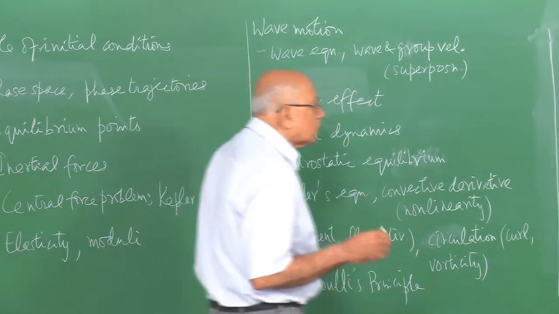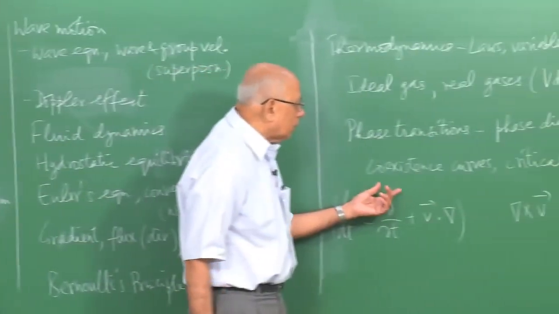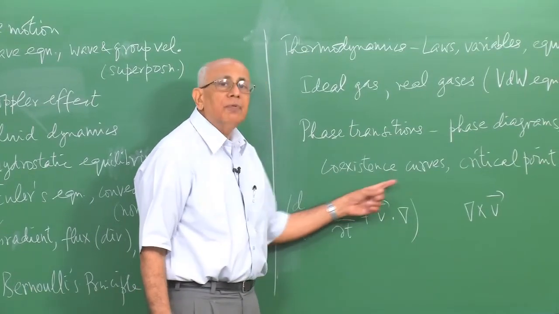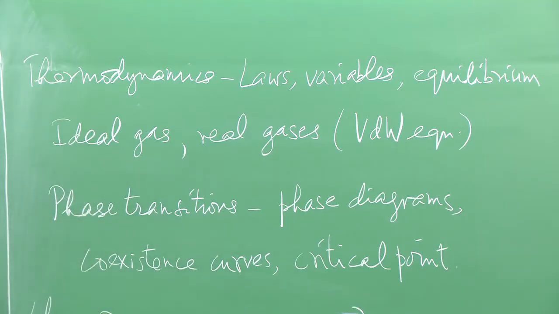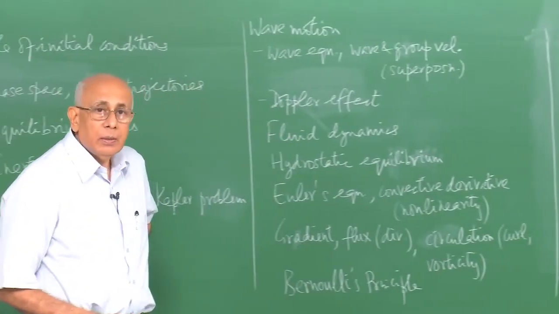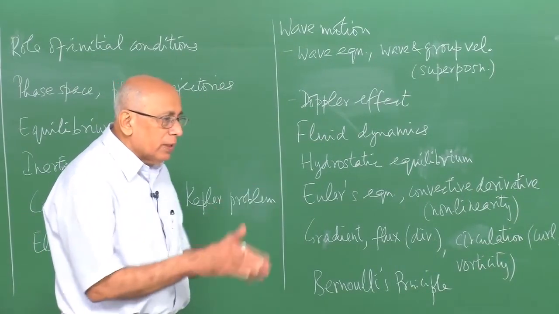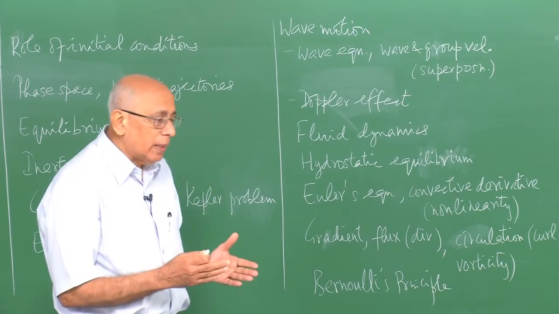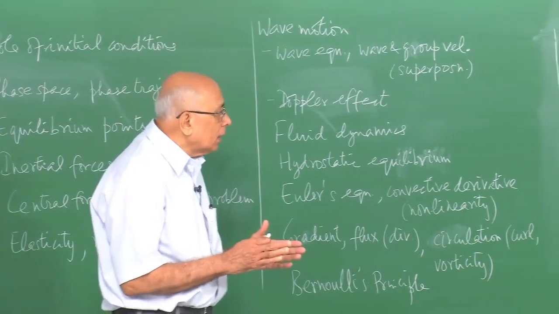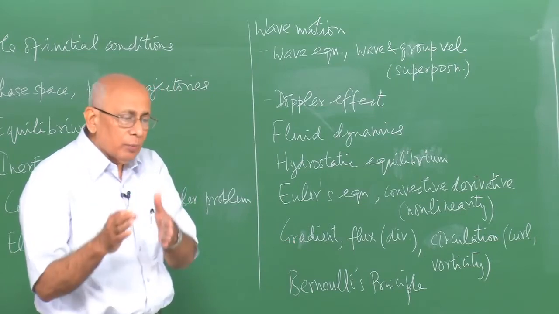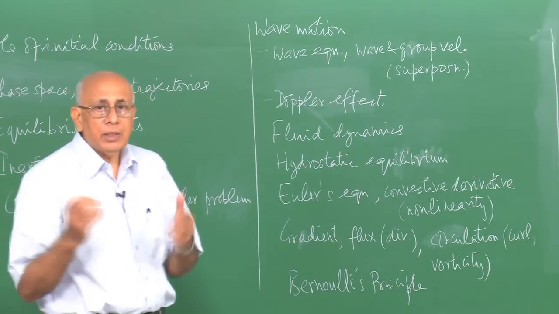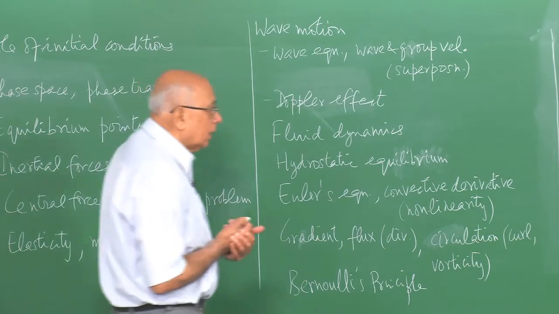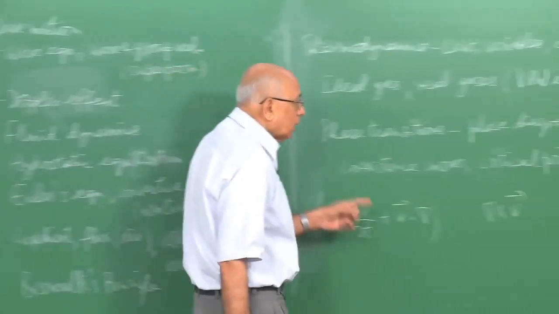We took a look at the properties of the coexistence curves, the significance of the slope of the PT curve, given by the Clausius-Clapeyron equation, which related the way the boiling or melting point changed with pressure to the change in entropy under this transition divided by the change in specific volume. Okay.